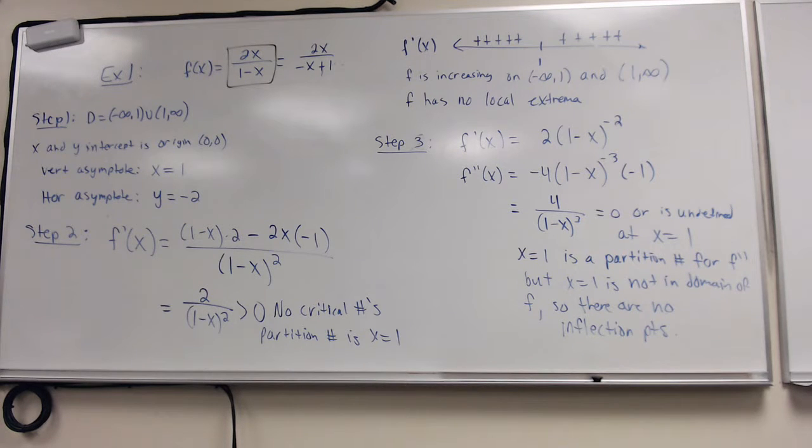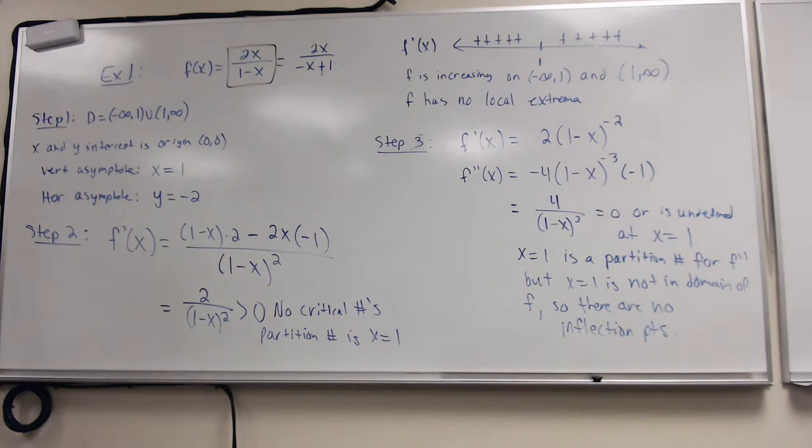It's a partition number for f double prime. We'll still do our sign chart. We'll put 1 on the number line. The concavity might change there, but there's not actually a point on the graph where the concavity changes. The concavity will change at this asymptote perhaps, but not at an actual point on the graph. I'm just making that distinction.